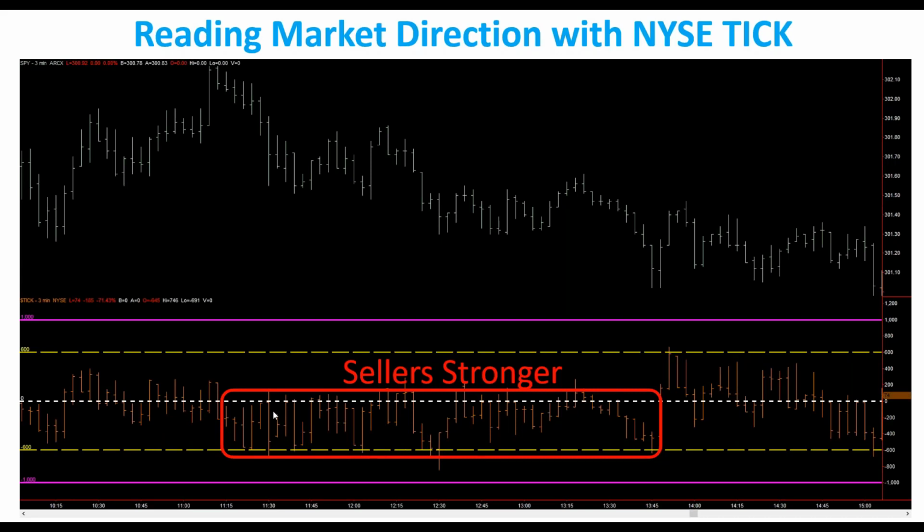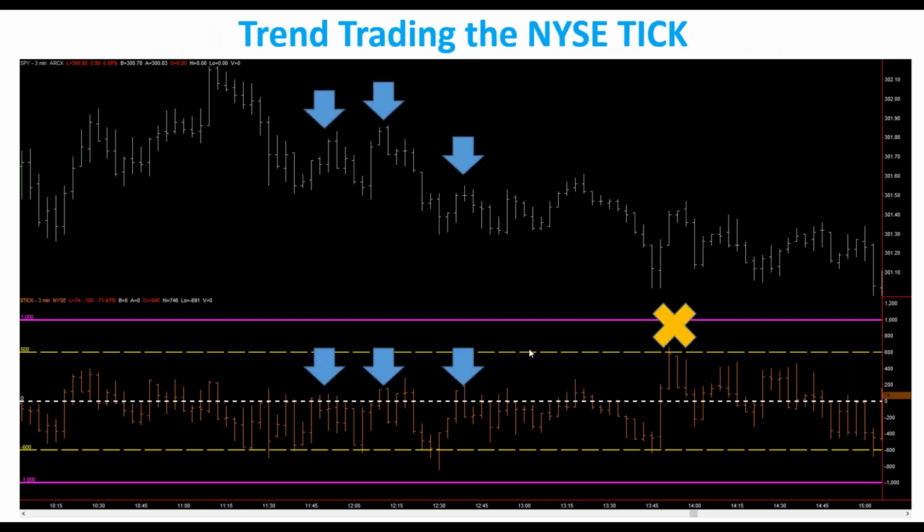So what we're looking for as a trader is a situation where we have a lot of readings happening either in negative territory or positive territory. In this particular case, when we have all that selling happening on the bottom here, between the zero line and the lower yellow line, which is positioned at negative 600, that's telling us that a lot of broad-based, engaged or motivated selling is happening on the New York Stock Exchange.